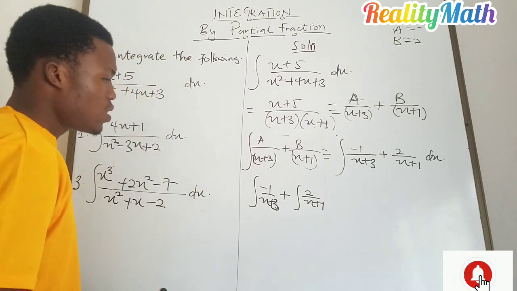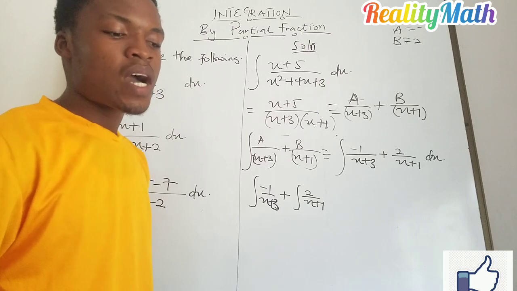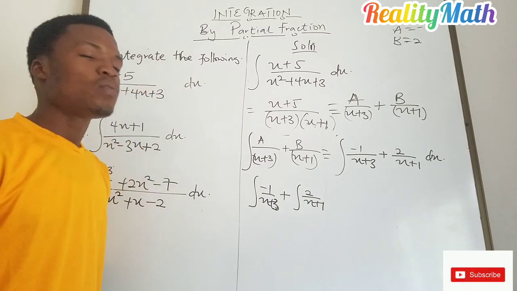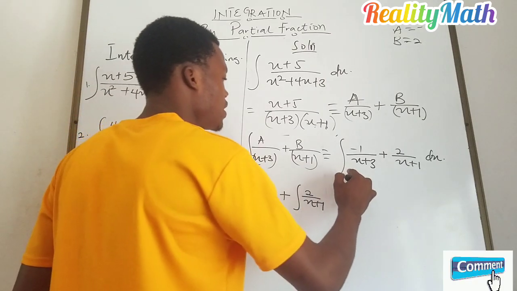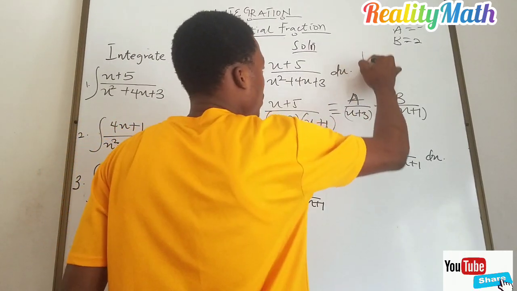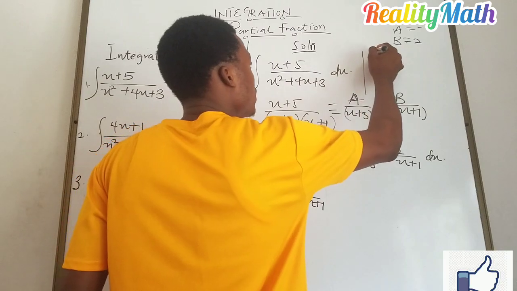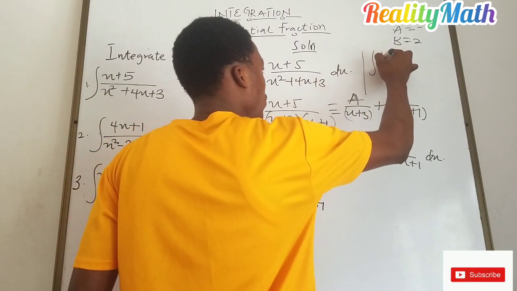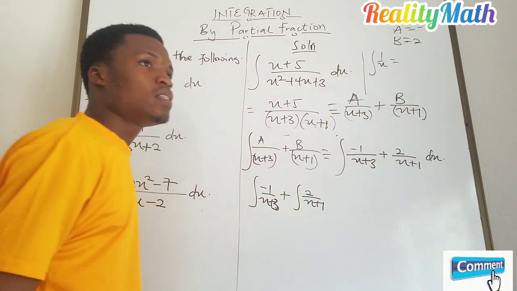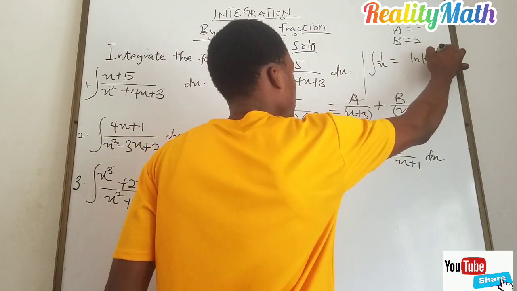So this is giving me what? You can take your jotter and note this down: when you are integrating a function, let's say the integral of 1 over x, this will give you ln x.